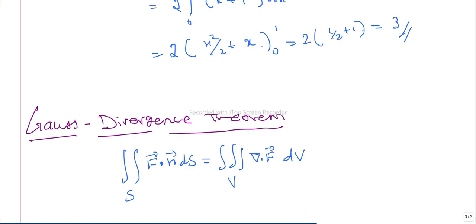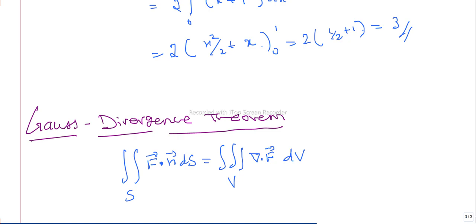In the previous problem, the cube, you can take the inside of the cube, that is volume. If you look at the boundary of the cube, that is surface. Or if you look at a cricket ball, the inside is volume, and the surface is a sphere.